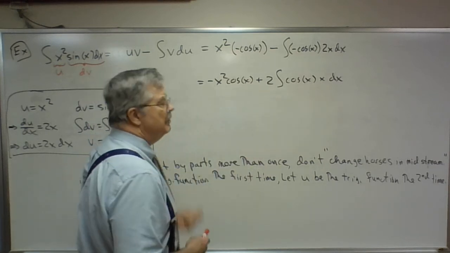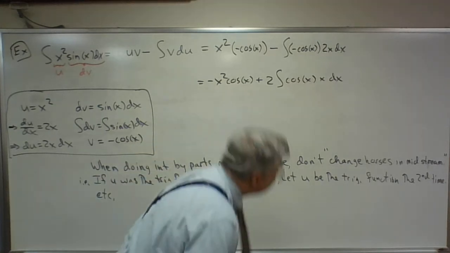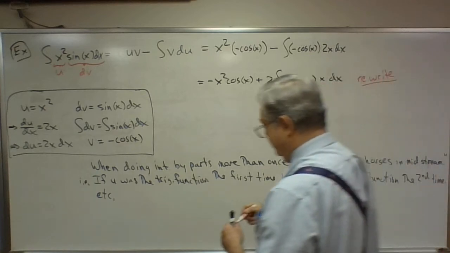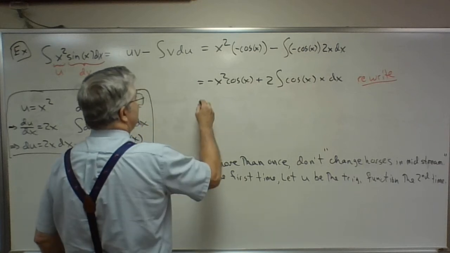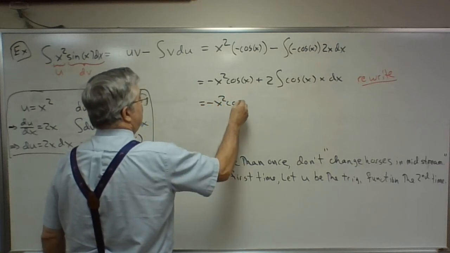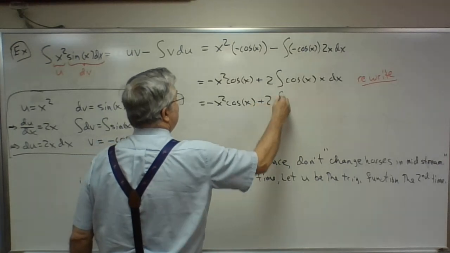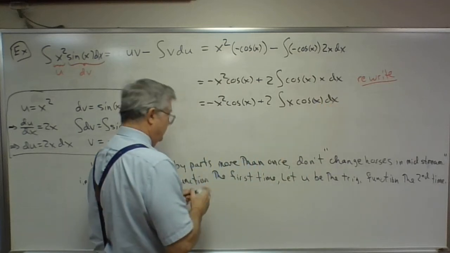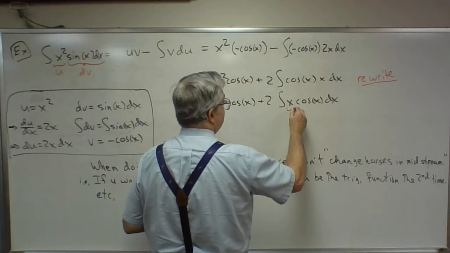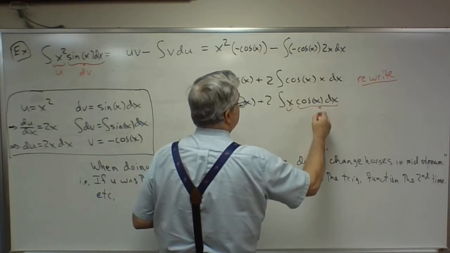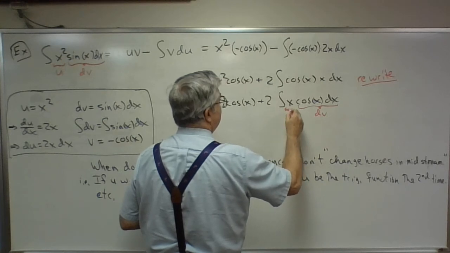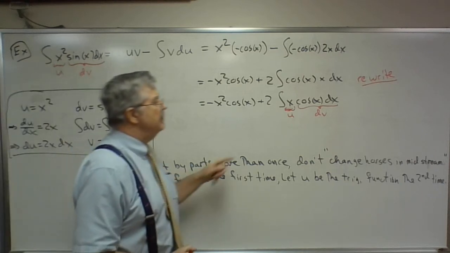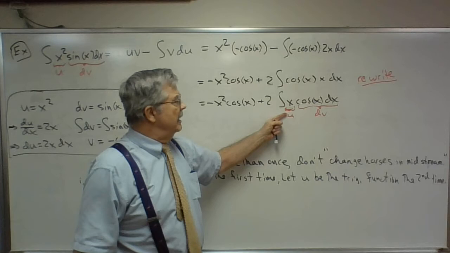And what that means is I'm going to rewrite this. My monomial was u the first time. My monomial is going to be u the second time.